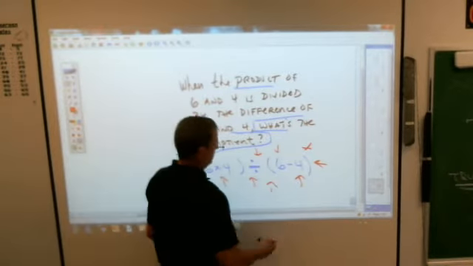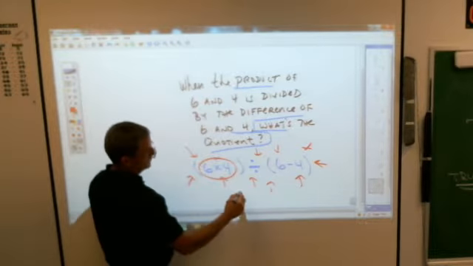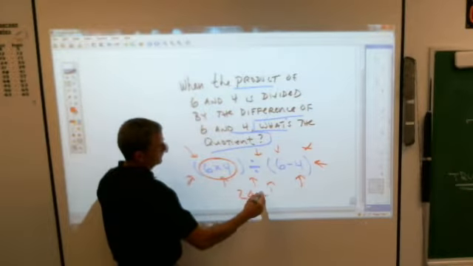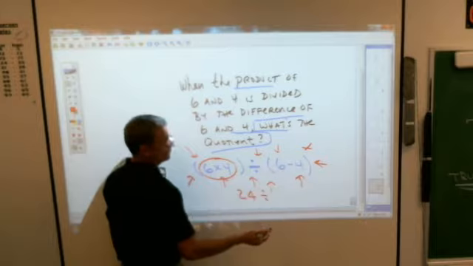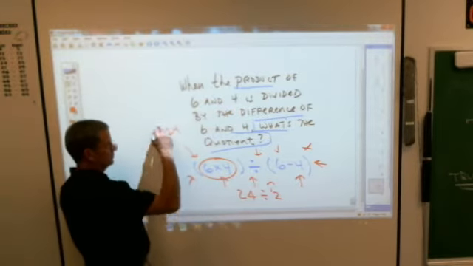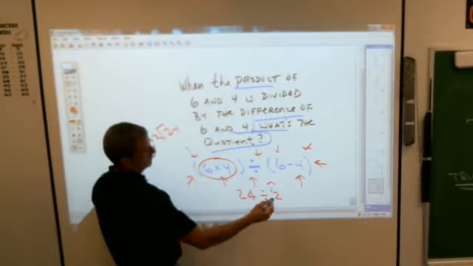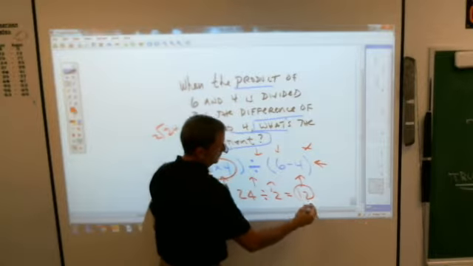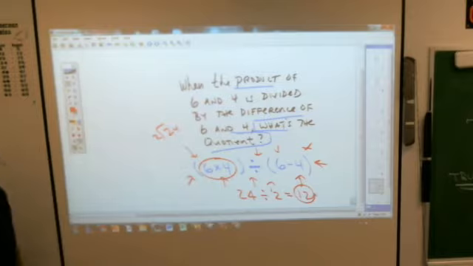And then when you do the math, 6 times 4 is 24, and I am dividing that by 6 minus 4, which is 2. And 24 divided by 2 is... wait. Sometimes these take just a little bit of time to figure out what's going on.